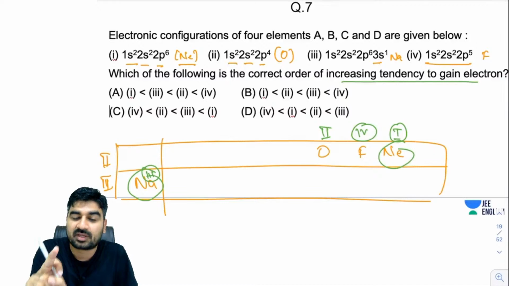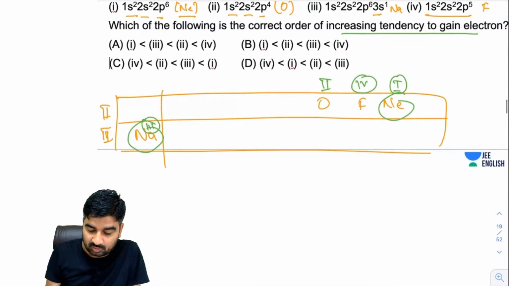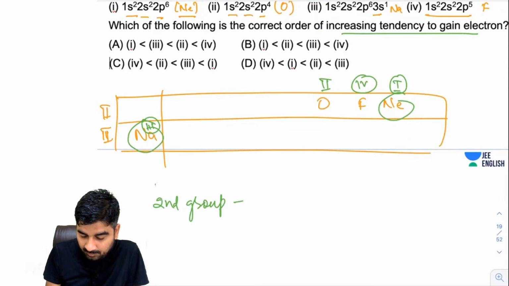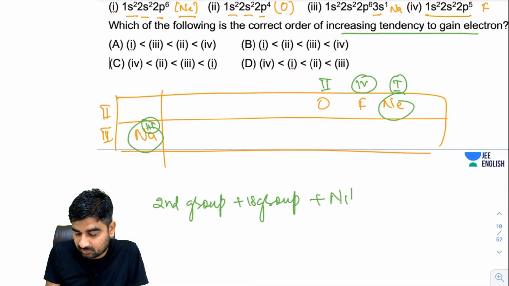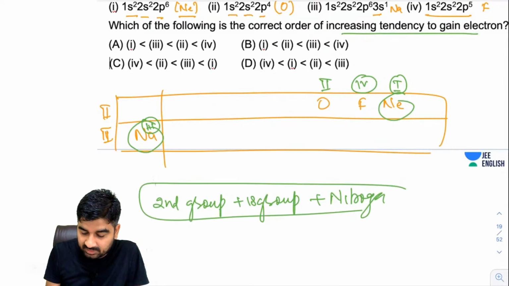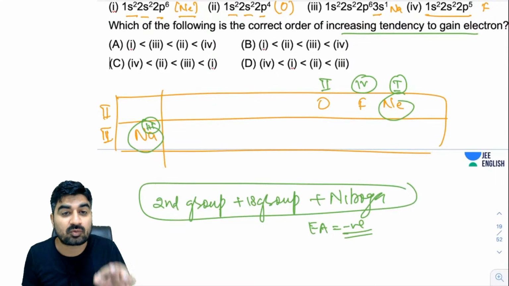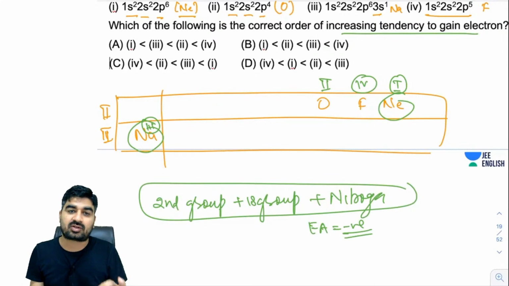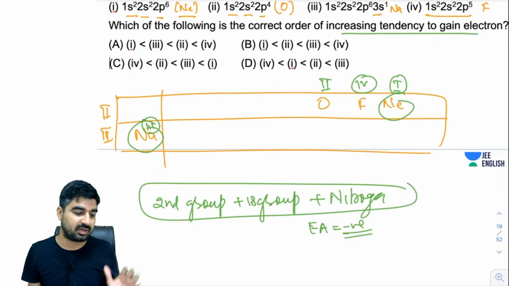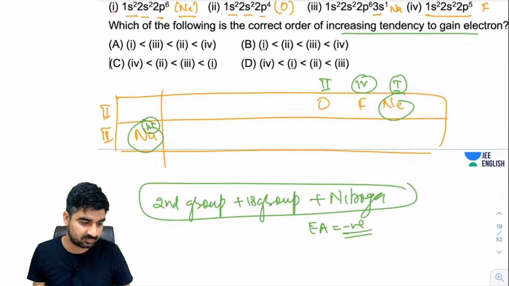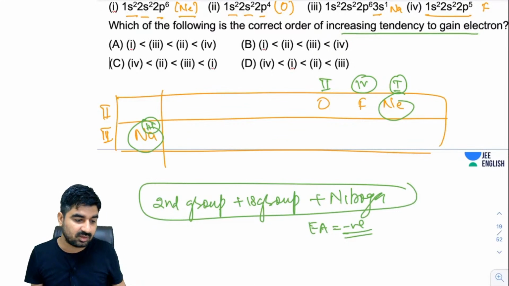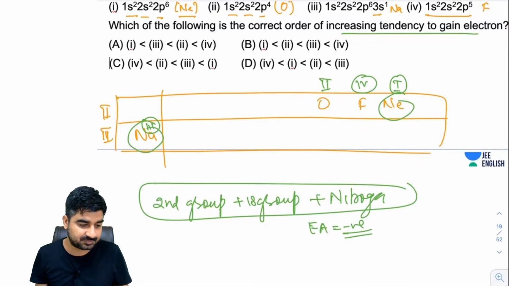I told you in electron affinity, the second group and the 18th group plus nitrogen were the elements having negative electron affinity. Negative means they don't want to gain an electron at all. Yes, you should learn it by heart.